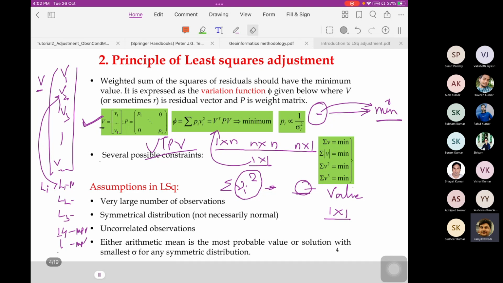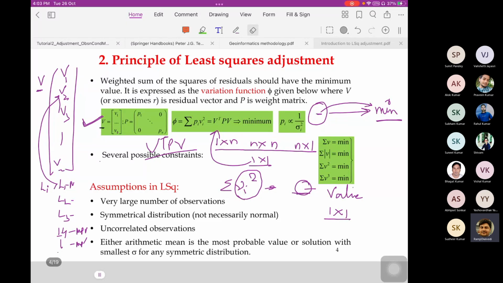One is a very large number of observations. Then second is symmetric distribution. Sometimes what we have found is that if your data set is not symmetric, least square still gives a solution. There is no problem. But in Geo-Informatics, sometimes symmetry is preferable. We need symmetry. Then uncorrelated observations.